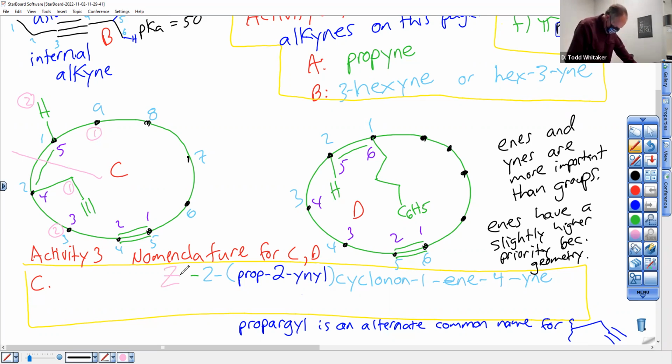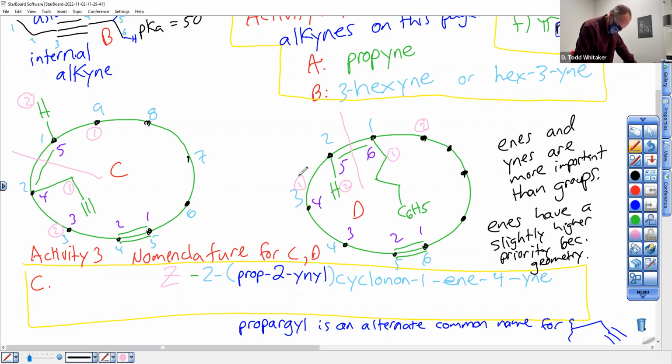And since we're on that topic here and we have the right colored pen, the next one has a 1 and a 2 on the same side. That's not Z. And the 2 and the 1 are on opposite sides. You gotta go all the way over here for the 1.